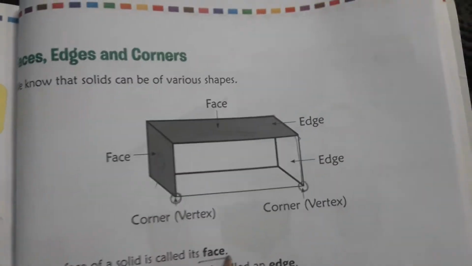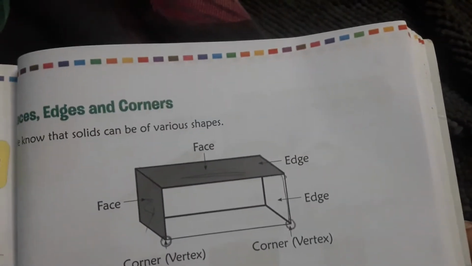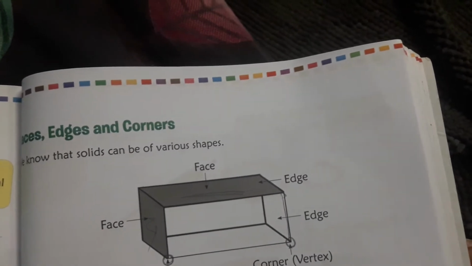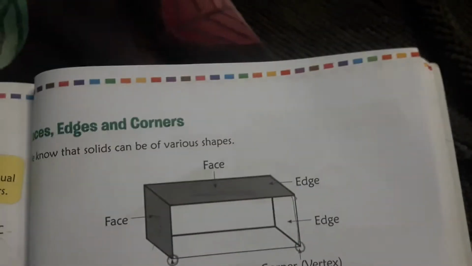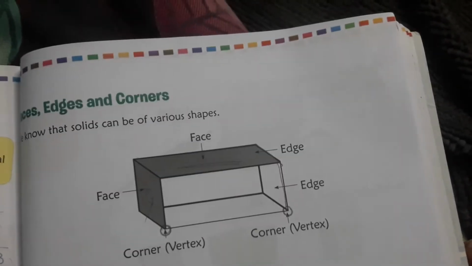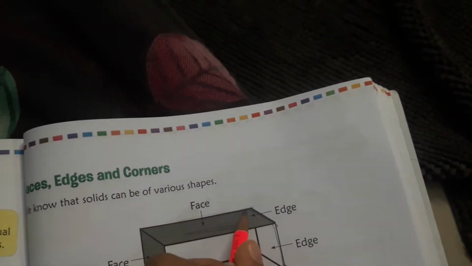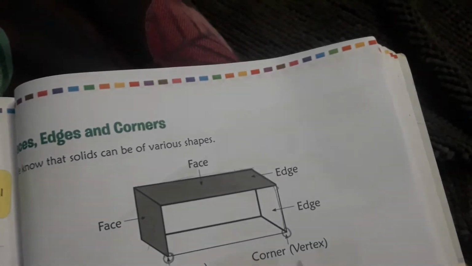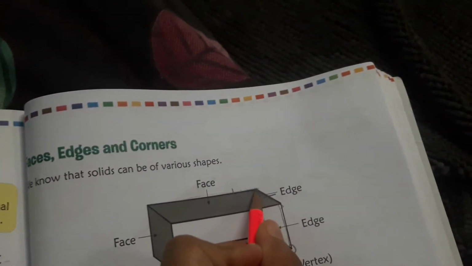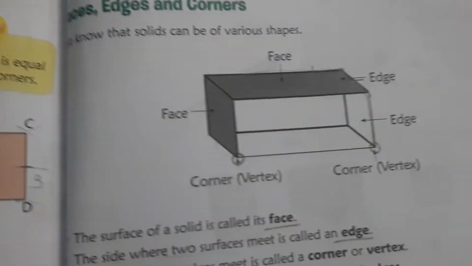A surface of a solid shape is called a face. The side where 2 surfaces meet is called an edge. The point where edges meet, this and this are the meeting point. But corner, when the vertex means this and these are meeting here, so this is the vertex.